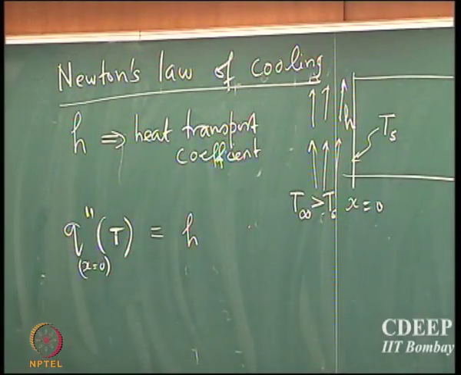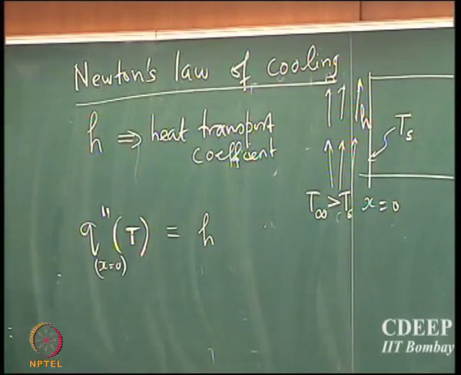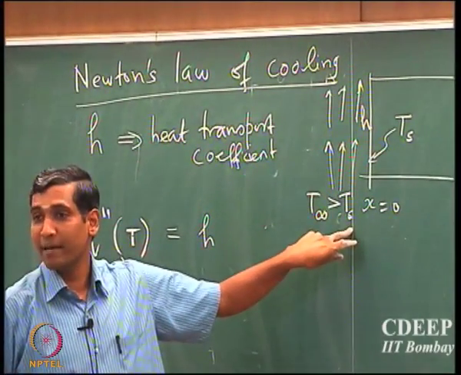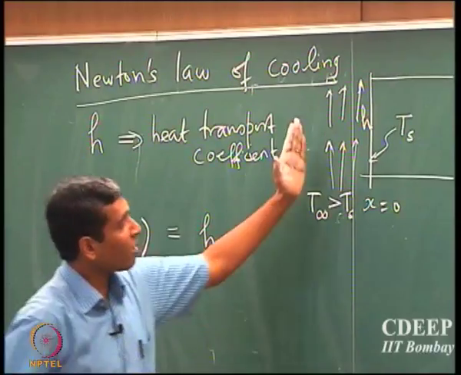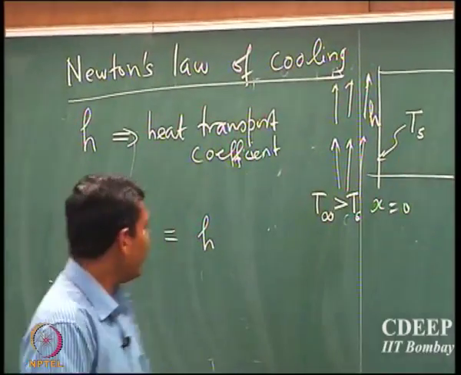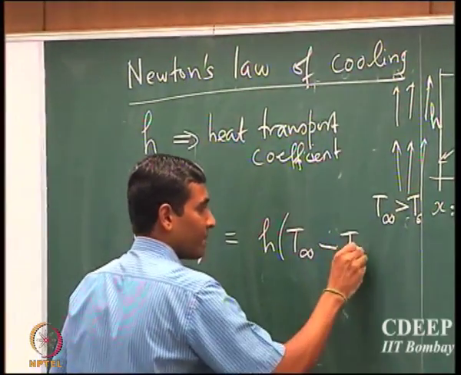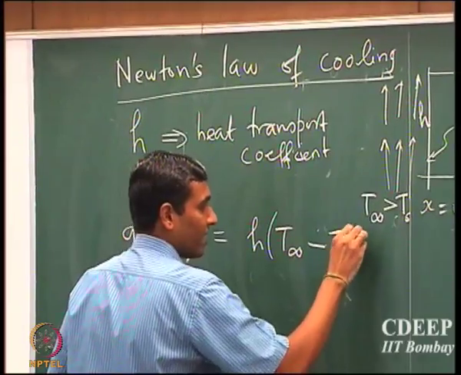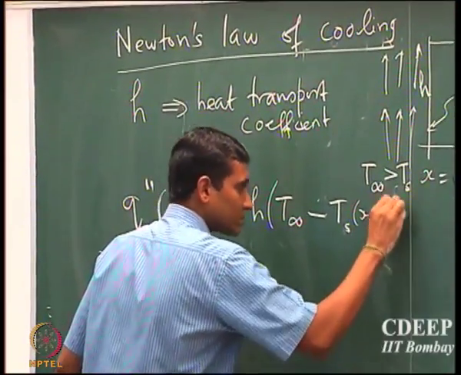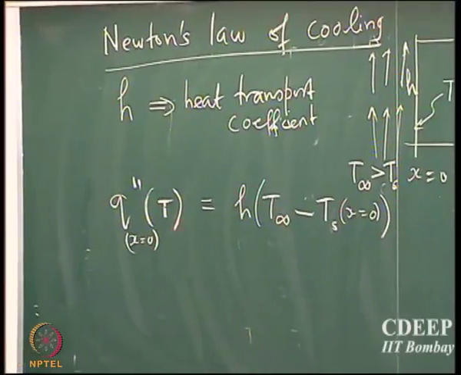So if I assume that the fluid temperature is higher than that of the solid temperature, which means that the heat is transported from the fluid to the solid, then one could define the flux as h times T infinity minus Ts, which is basically at x equal to 0. So that's Newton's law of cooling.